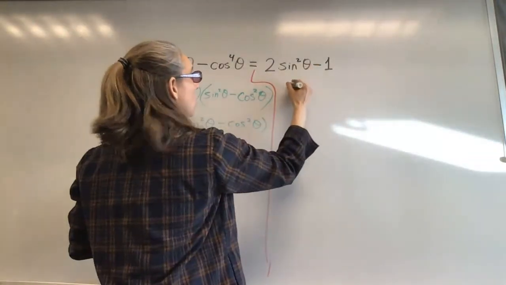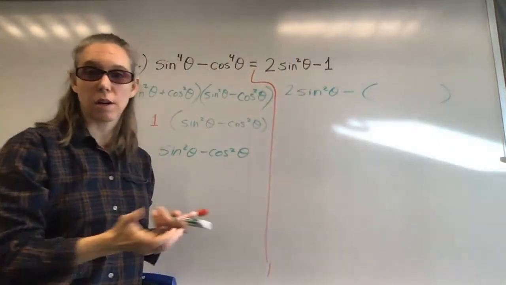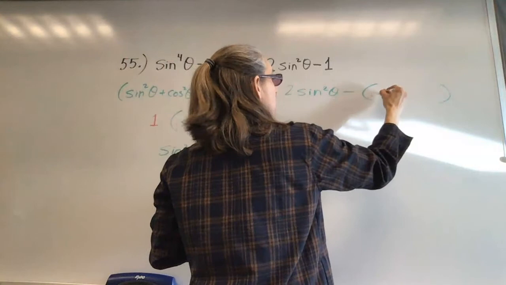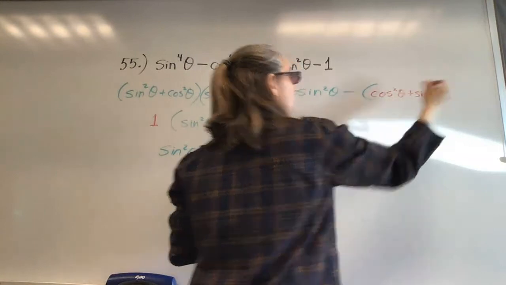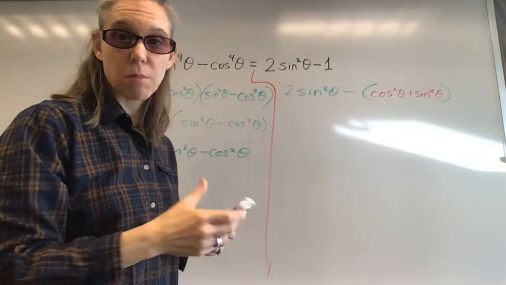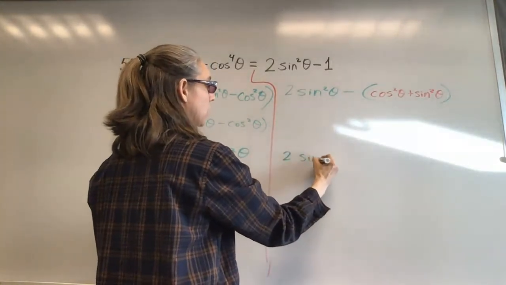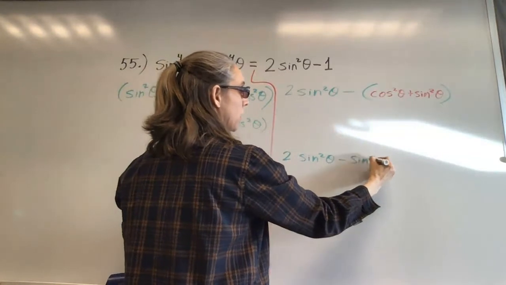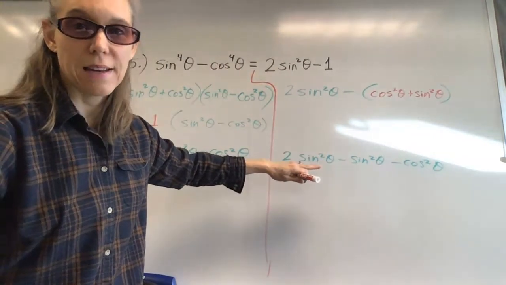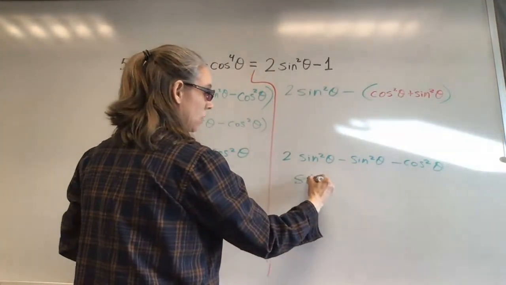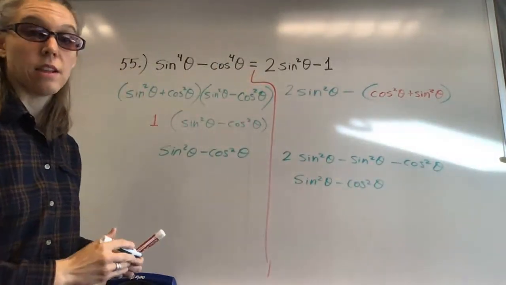If I replace 1 with cosine squared plus sine squared, then after using the distributive property and rearranging the terms, I end up with 2 sine squared theta minus sine squared theta minus cosine squared theta. And then that can be simplified further. 2 sine squared theta minus cosine squared theta, and then you're done.